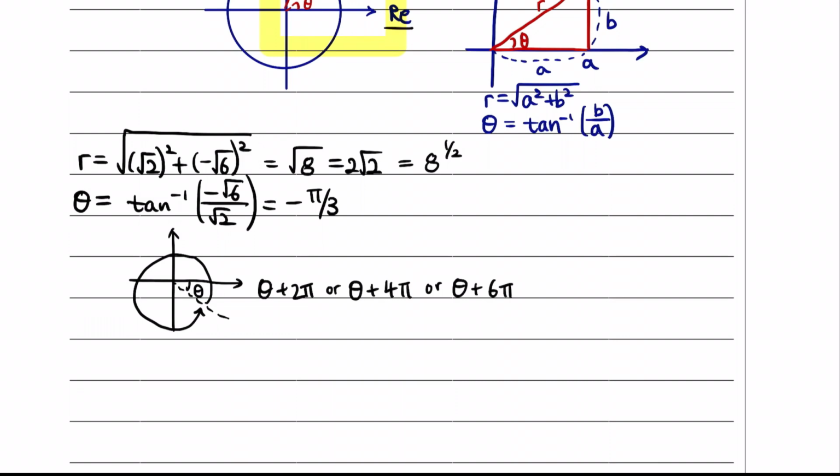One hint that I normally use for where to end is finding the highest power in your question. Here, the highest power is 3 because we have z to the power of 3 term. Just in case, you do 3 or more. So this can be either 5 pi over 3, 11 pi over 3, or 17 pi over 3.